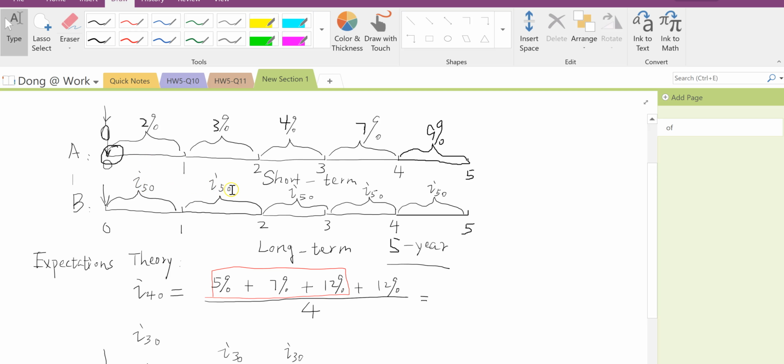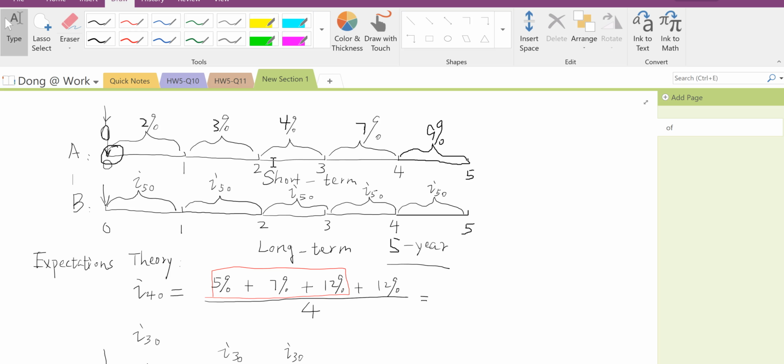What this liquidity premium means is that investors have a preference. Even though on average this I50 is the same every year, and the long-term bonds earn the same interest rate as the short-term bonds, investors will prefer the short-term bonds. Why? Because short-term bonds have a shorter term, so their interest rate risk might be smaller. They don't have to invest in the bonds for such a long time.